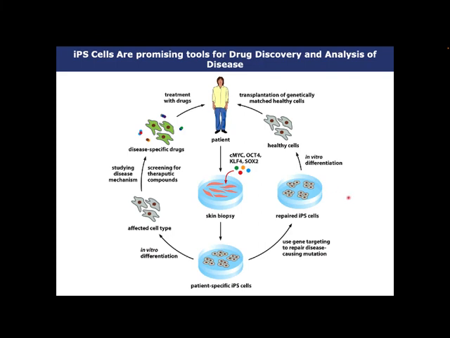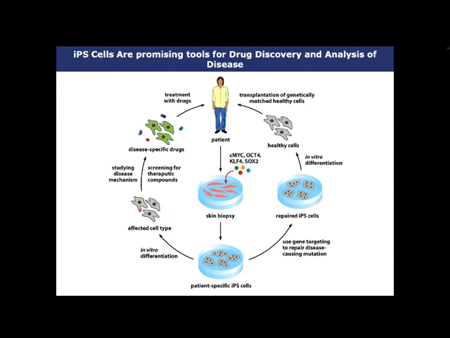So iPSCs are very promising tools for drug discovery and analysis of disease. As I said, patient-derived iPSCs can be differentiated in vitro to the affected cell type. For example, dopaminergic neurons for Parkinson's disorder, beta cells in the pancreas for diabetes, and cardiac muscle cells for cardiac disease.